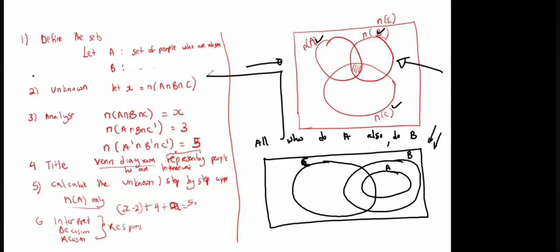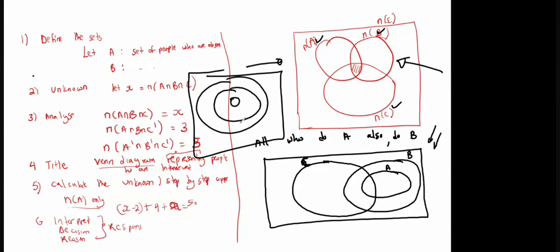Or sometimes I've seen questions whereby this is how you're supposed to draw the diagram, whereby this is your A, this is your B, and this is your C. They tell you that all those people of B are doing A, and all those who do C are doing B. So you may find that this is how you're supposed to draw your Venn diagram.